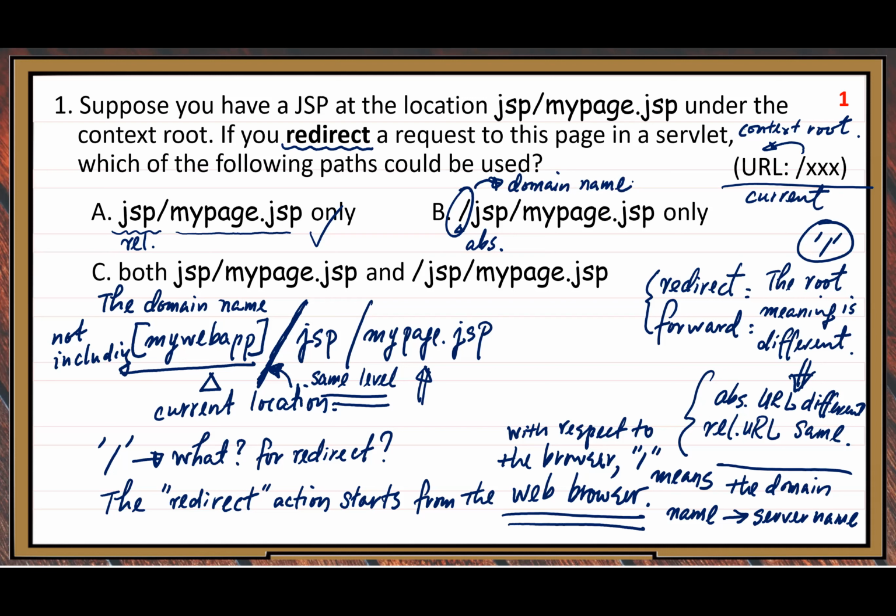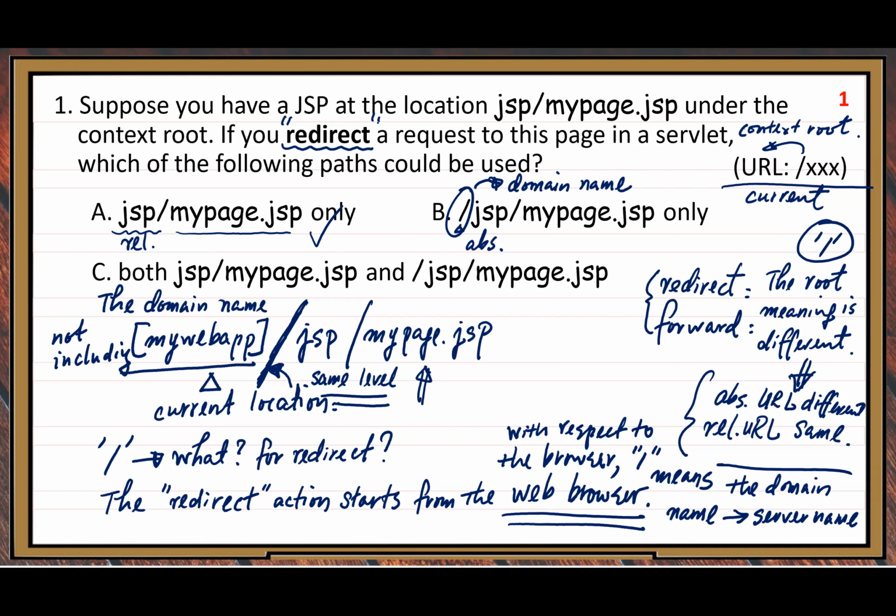That's wrong, right? Because after the domain name, we also need to include that web app, my web app, the context root part. So the B option missed that context root part. For redirect, it missed that context root part. For forward, it will be different.